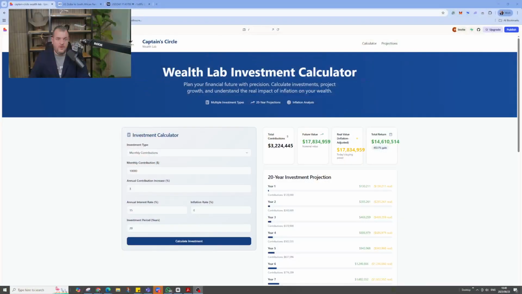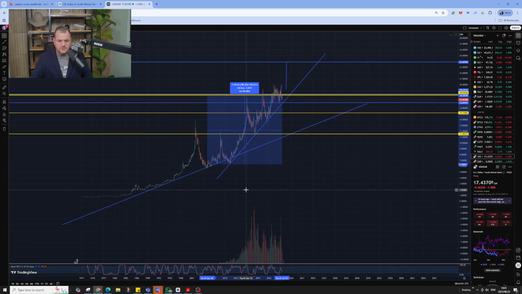So before we go into this explanation, let's get some of the fundamentals right, because these are the numbers we're going to be using. If we look at the rand-dollar, in 2005, 20 years ago, you could buy a dollar for 6 rand 30. And today, as of the time of this video, it's 17 rand 43.